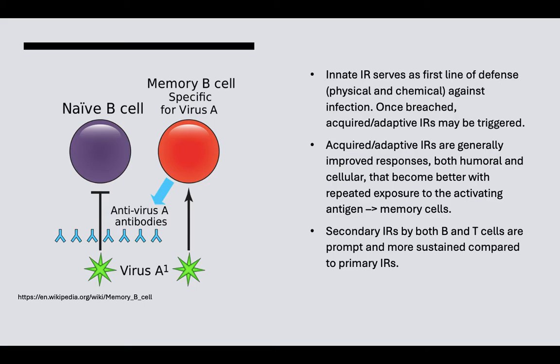Yun, sabi ko na, no, the goal of which is to develop memory cells actually relates to how prompt, how immediate the secondary immune responses are compared to the primary immune response.